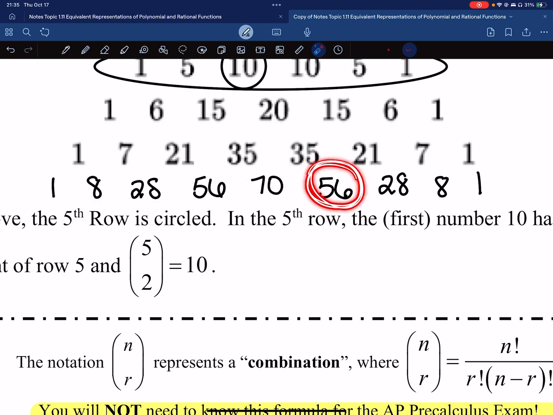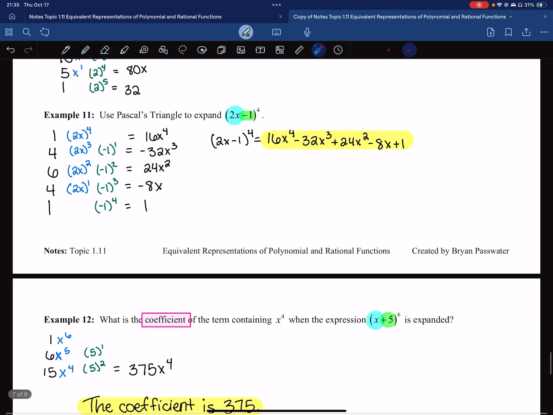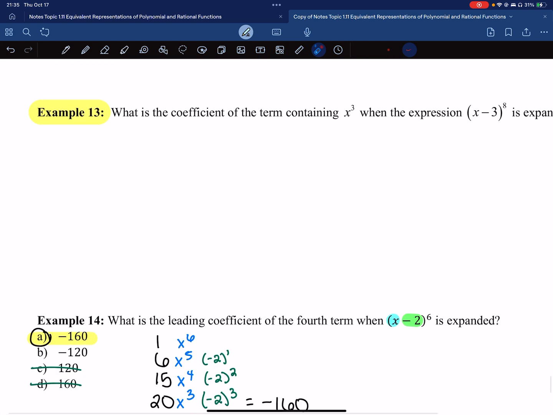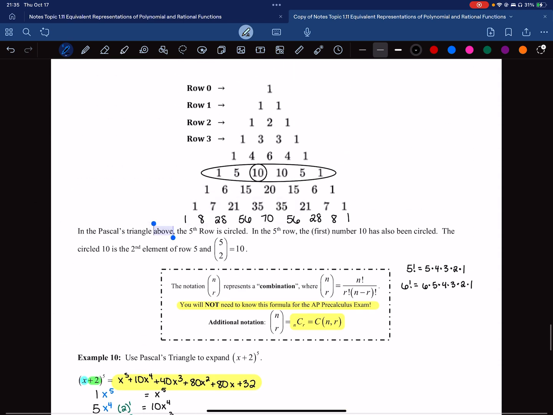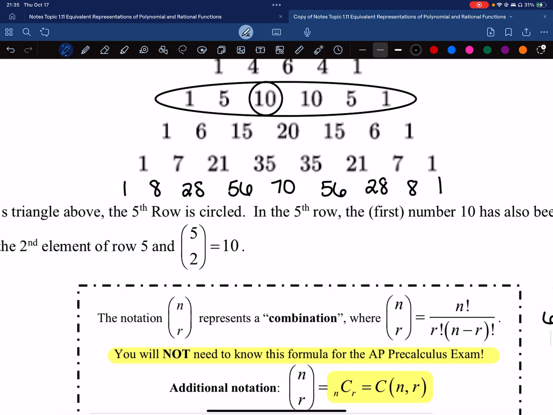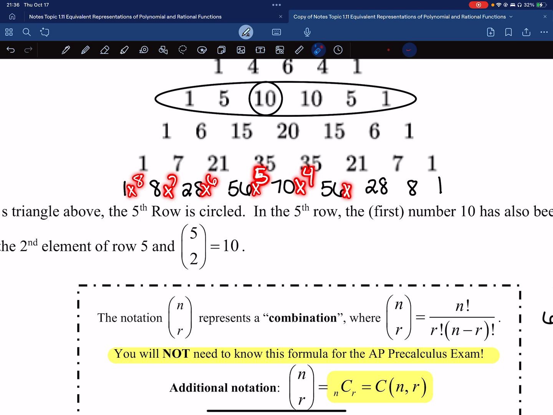So we're wanting the 56 as our coefficient. So let's do 56 x to the 3rd. Now with the -3, we do need to work in the opposite order. So again, with the x to the 3rd term, we went x to the 8th, x to the 7th, x to the 6th, x to the 5th, x to the 4th, x to the 3rd.